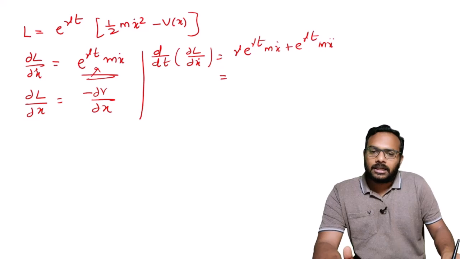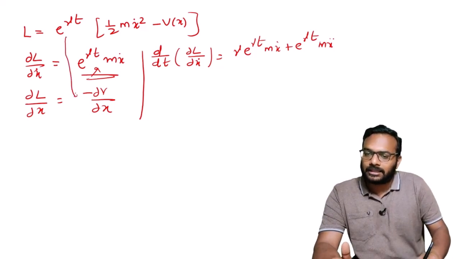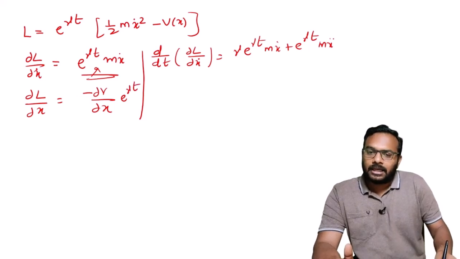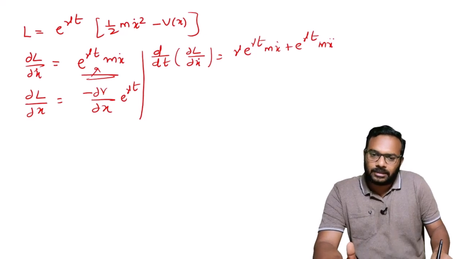Oh sorry, I made a mistake here. Dou L by dou x, there's e raised to gamma t here. You shouldn't miss that. Now if you write the equation of motion for x, you see that there's e raised to gamma t appearing everywhere.